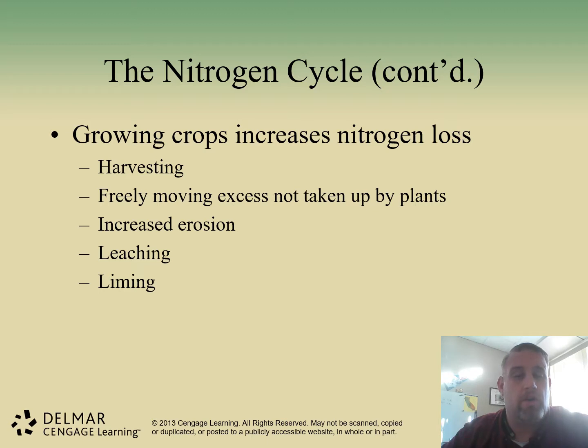When you are growing crops, you are increasing your nitrogen loss, so you're harvesting away a lot of the nitrogen. As you harvest away the vegetative growth, you are taking that nitrogen out of the equation. You are leaching it through the system. If you are using lime, you are removing the nitrogen from being easily accessed by plants.